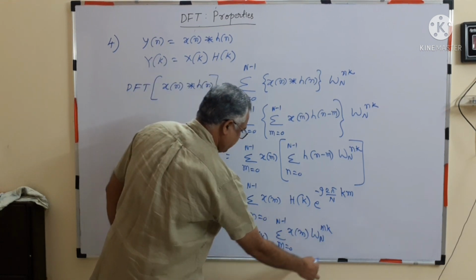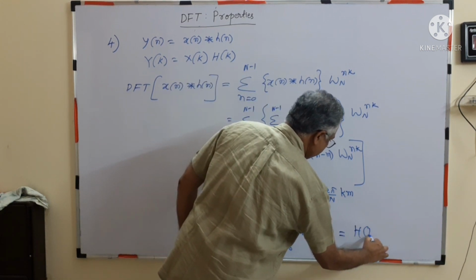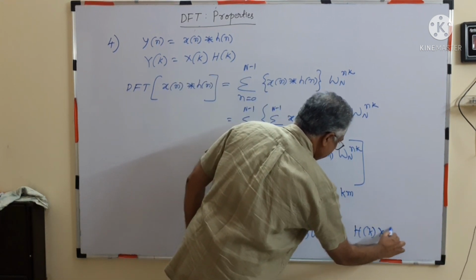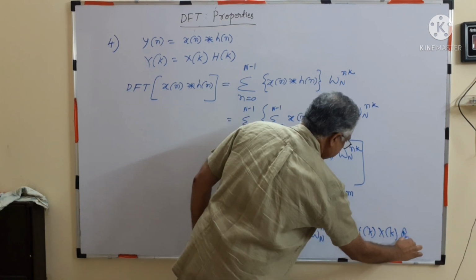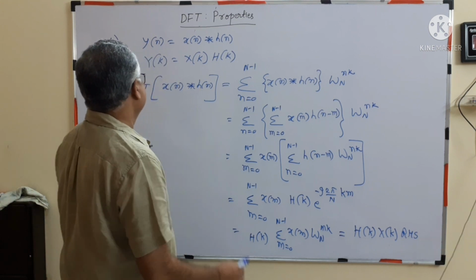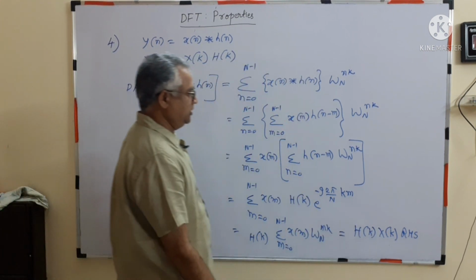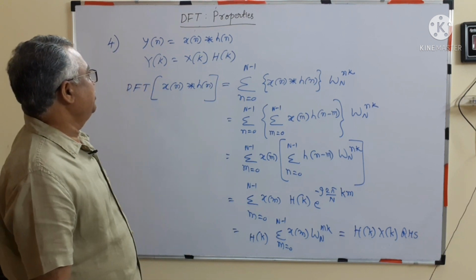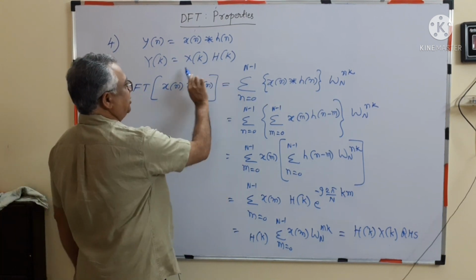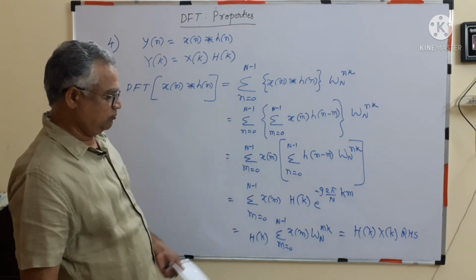So this is nothing but X of k. So what is the answer now? H of k into X of k. These are the answers. So the DFT of this is nothing but H of k into X of k. Time domain convolution, frequency domain multiplication. So this is how we can prove it.